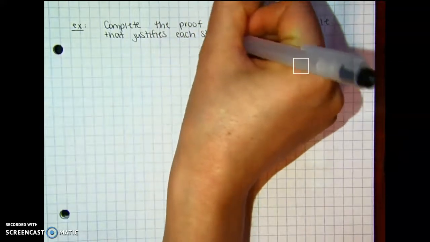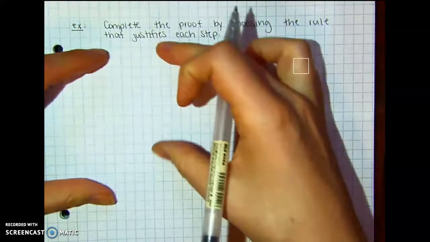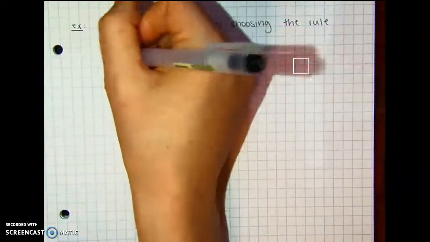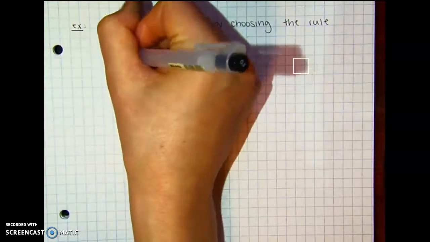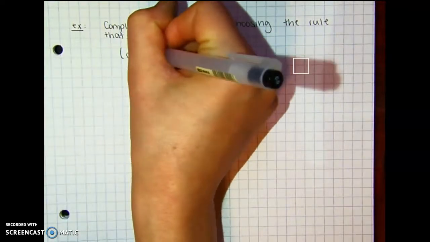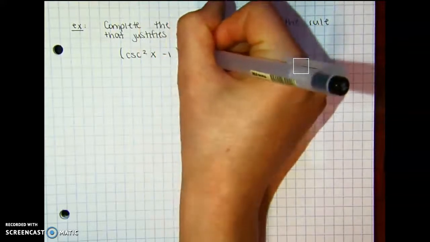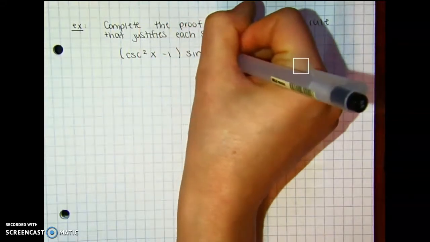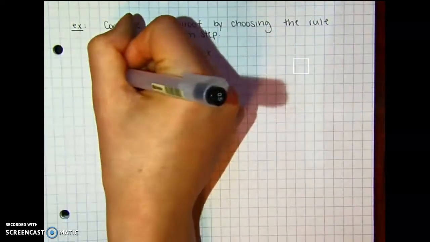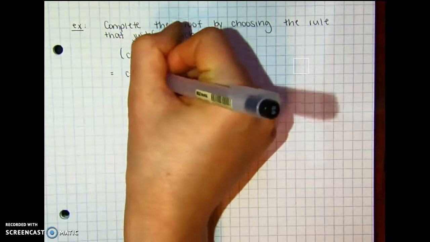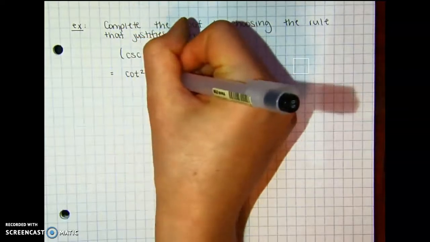If you remember back in geometry, right, your proof has what you're doing and then the reasoning right next to it. So I'm going to give you what happened. It started off as cosecant squared of x minus 1 times sine of x, and then went to cotangent squared of x times sine of x.